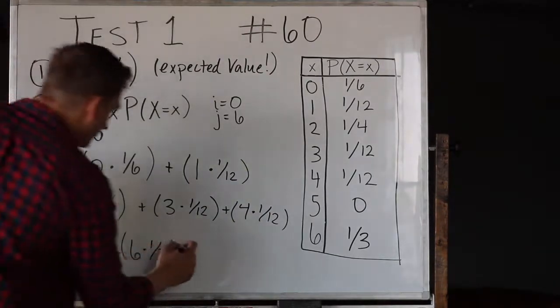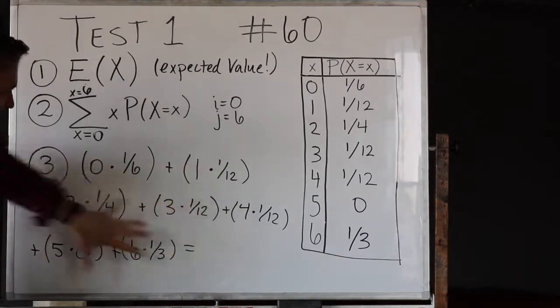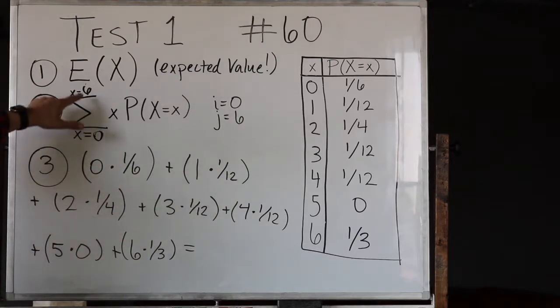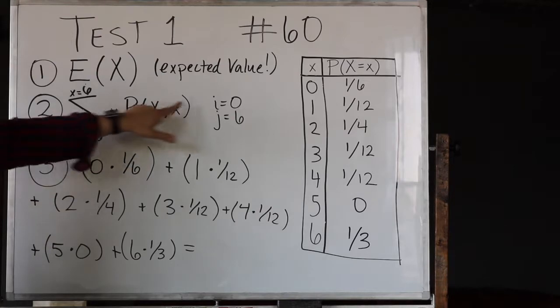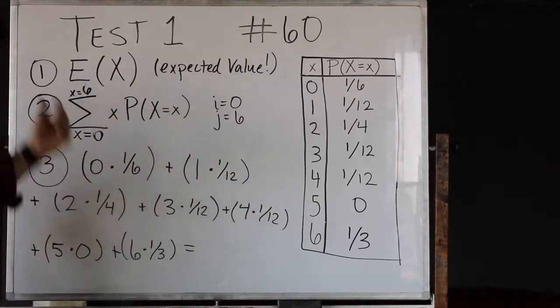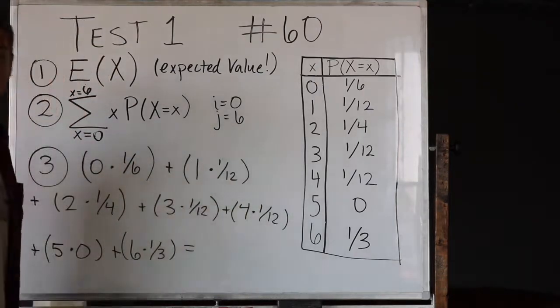Okay, so I have now filled out my entire formula. All of this under subheading 3 is equivalent to this formula. All of this led us here. And now, in order to find our expected value, we have to find out what all of this is equal to.